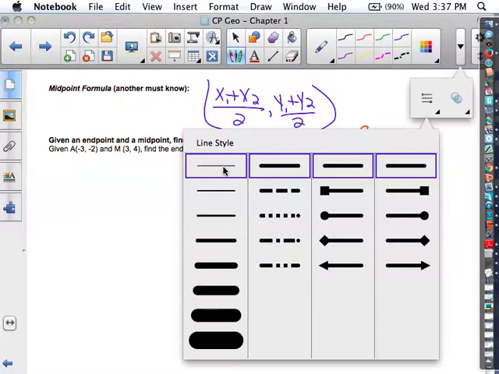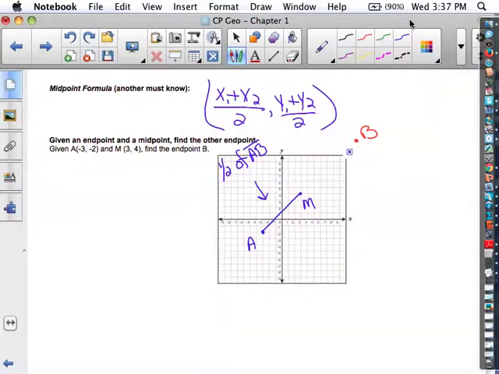Again, I'm going to use that right triangle to do it. I'm going to go horizontally, 1, 2, 3, 4, 5, 6 units. And then I'm going to go vertically 6 units. So from this point M, I'm going to apply the same slope that I have here.